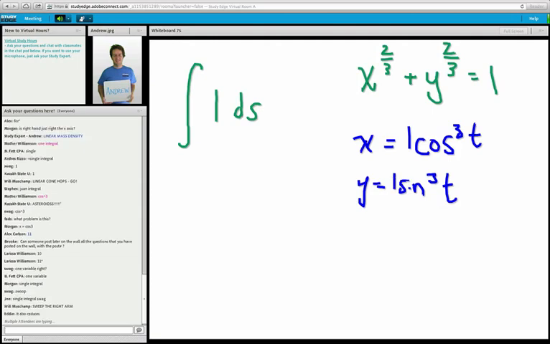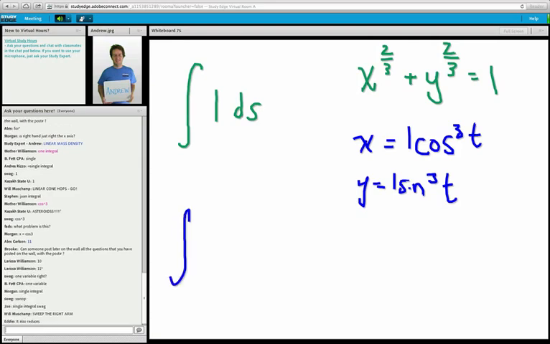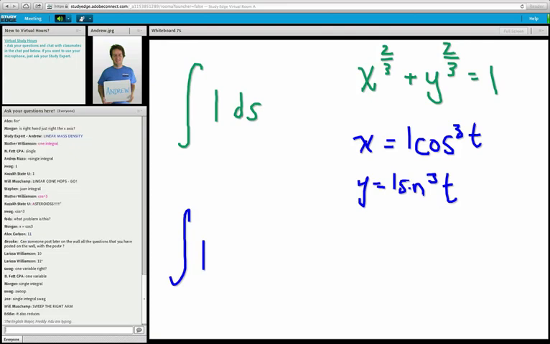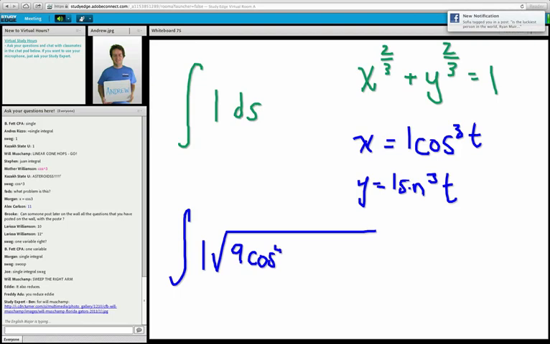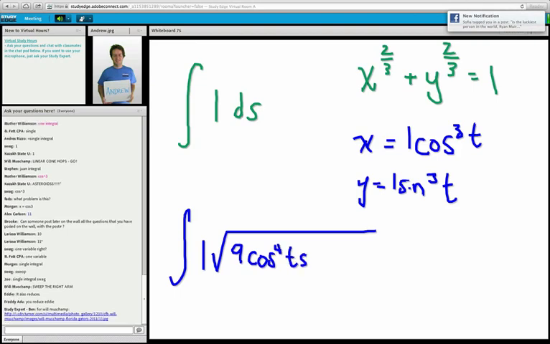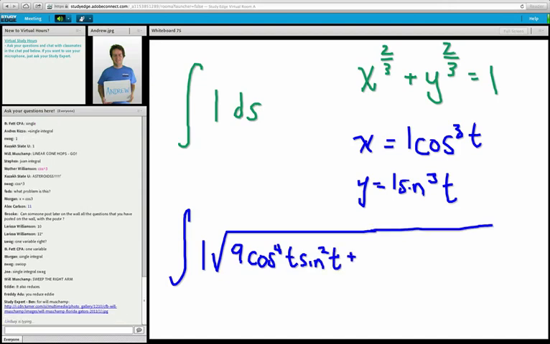Cool? All right, so if I use x equals cosine cubed t and y equals sine cubed t, this gives me 1 ds. ds is going to be the square root of 9 cosine to the 4th t sine squared t plus 9 sine squared t cosine squared t, dt. This is if you do your dx dt squared plus dy dt squared.